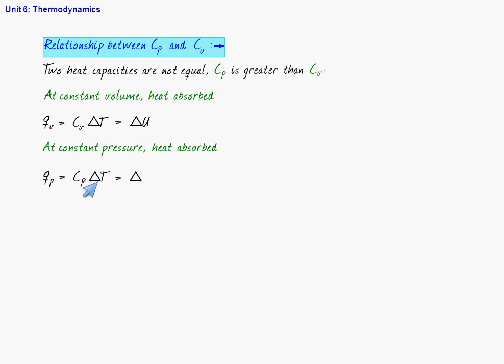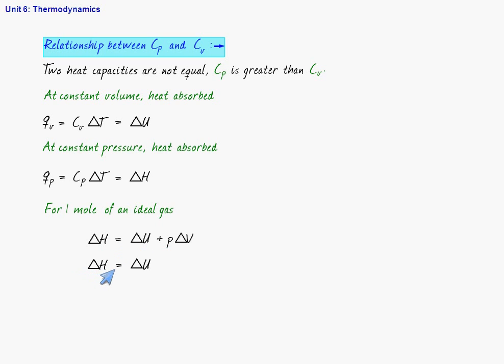The difference between Cp and Cv can be derived for an ideal gas. You know, for 1 mole of an ideal gas, delta H is equal to delta U plus P delta V, or delta H is equal to delta U plus delta RT.